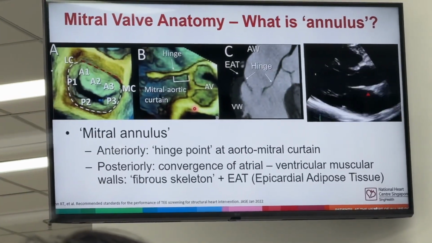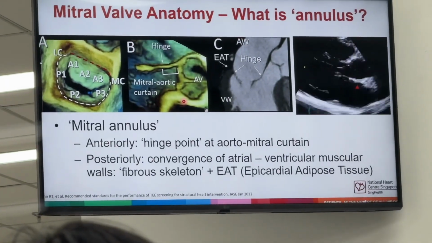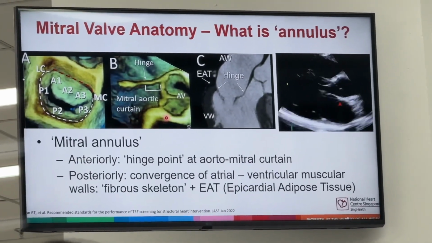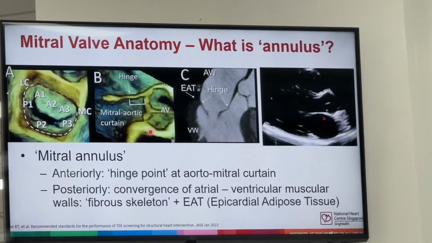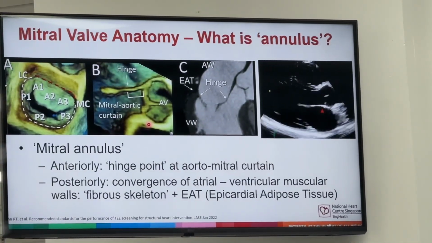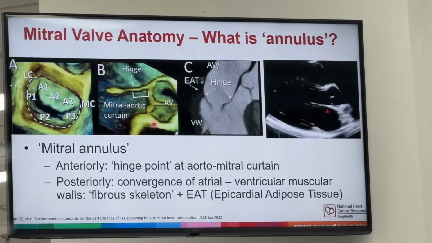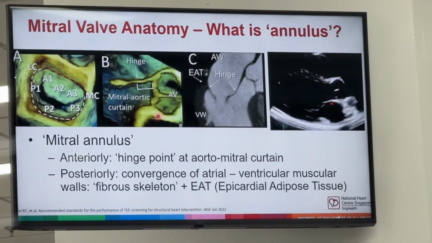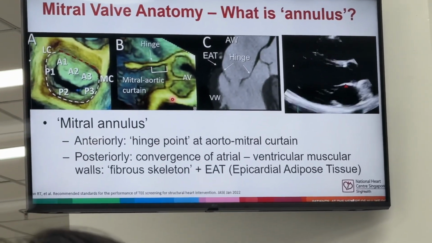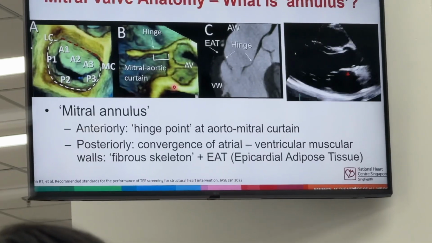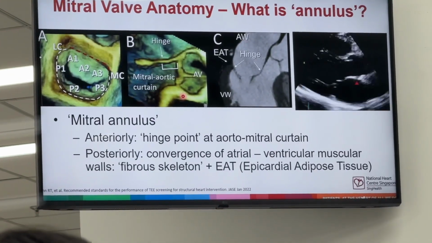If you look at the mitral valve anatomy more closely, the next question is, what is the mitral annulus? Anteriorly, the mitral annulus actually has no specific structure. It is located at the aortomitral curtain, and the location is roughly defined by the hinge point of the movement of the anterior mitral leaflet.